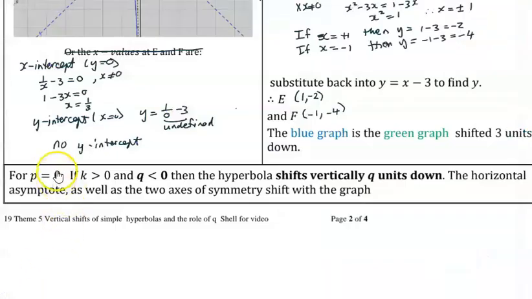As a summary, if p is 0, k is positive, but k is now negative, then our hyperbola shifts vertically k units down. The horizontal asymptote as well as the two axes of symmetry shift with the graph.